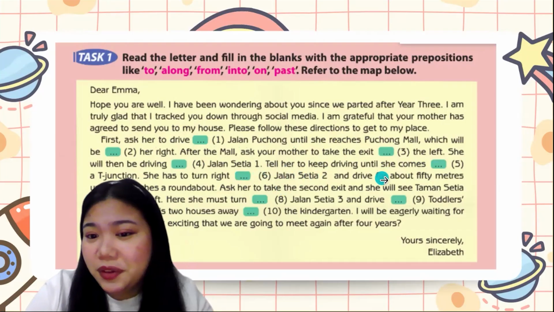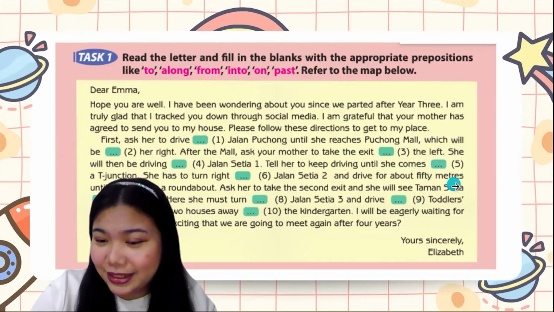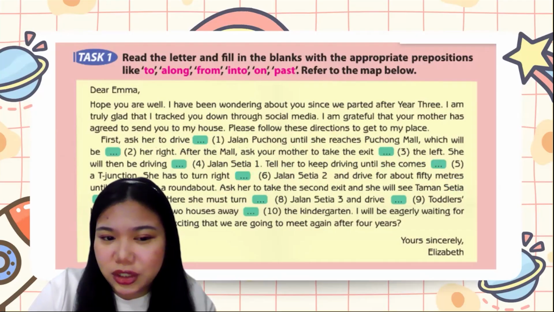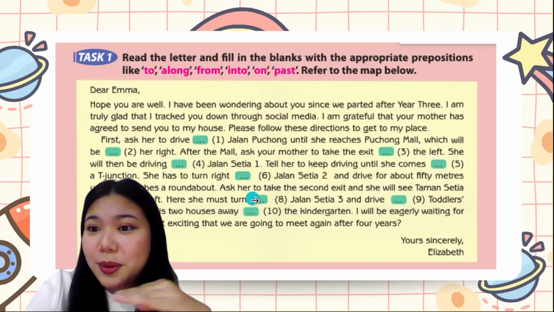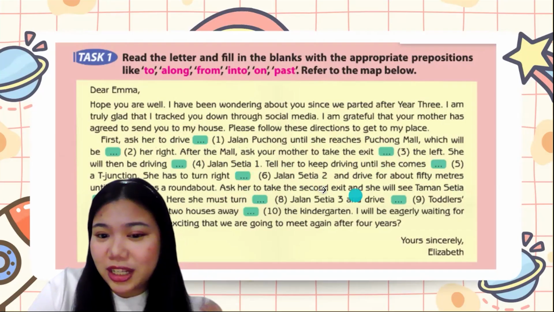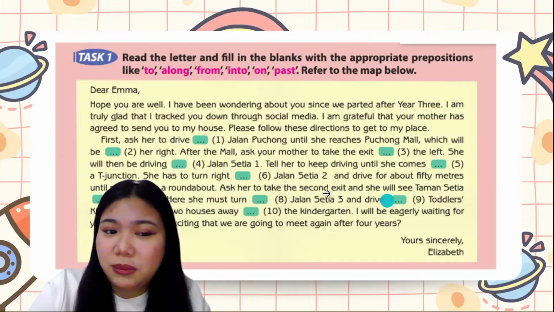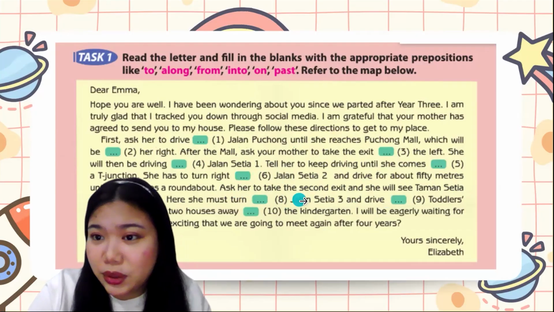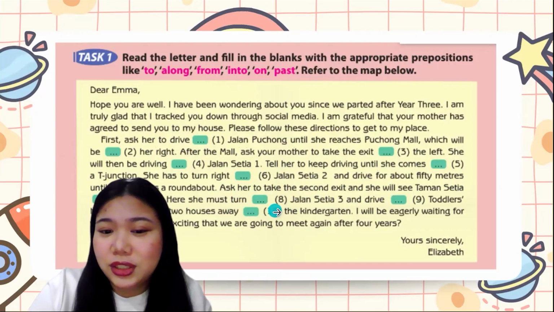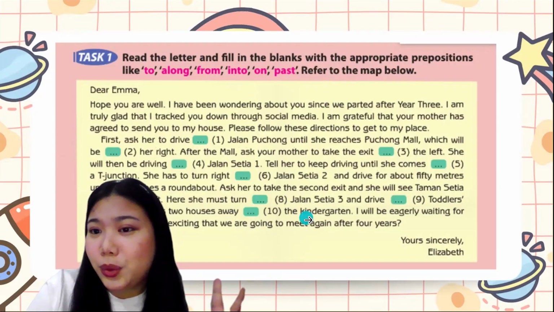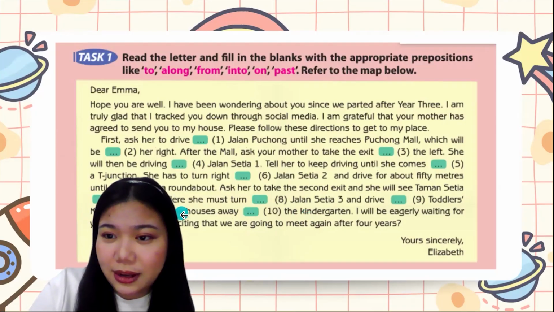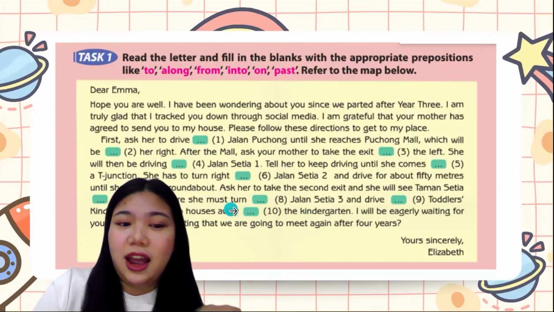Tell her to keep driving until she comes blank again a T junction, so she has to turn blank Jalan Setia 2 and drive for about 50 meters until she reaches a roundabout.